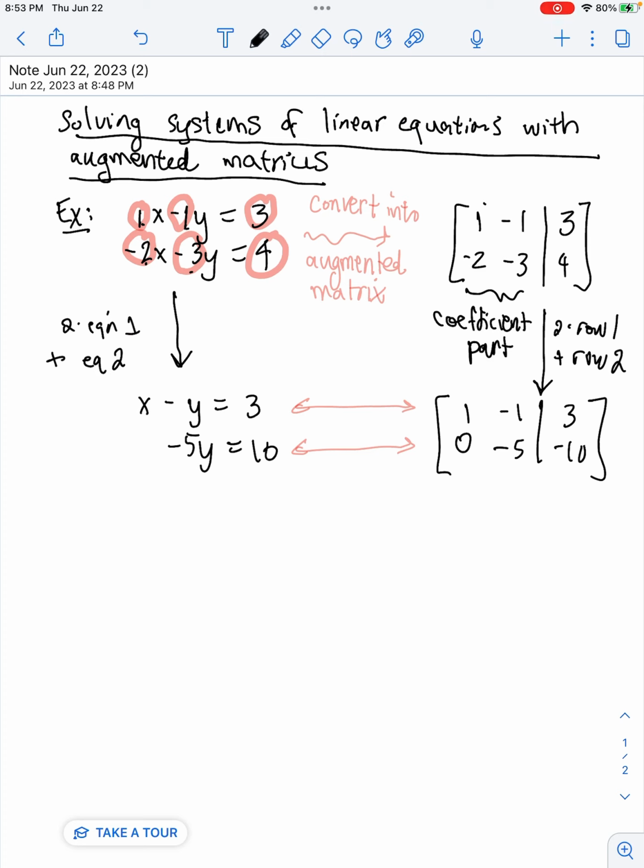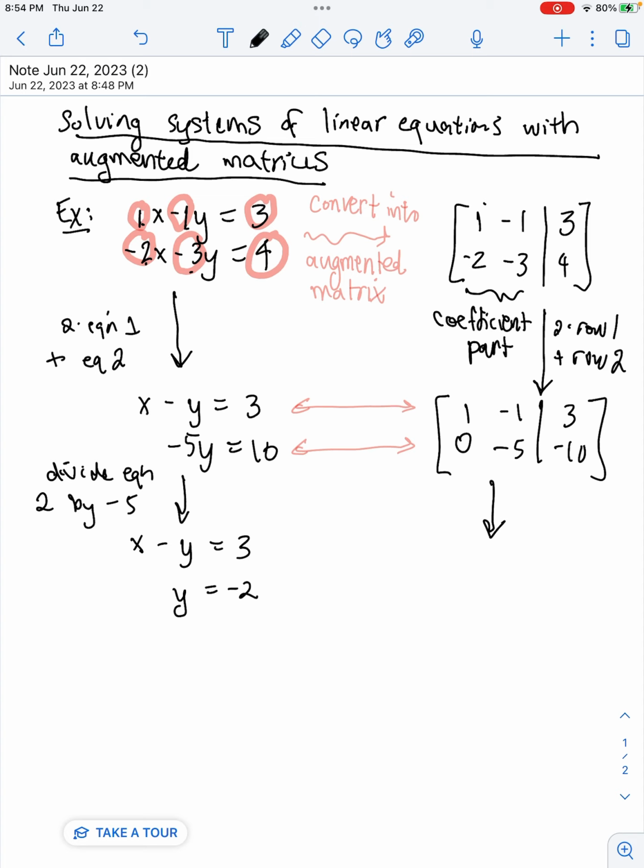So what's the next step? Well, we can solve for y. You would divide equation 2 by negative 5. That will give you x minus y equals 3, y equals negative 2. And similarly, you just change the word equation to row.